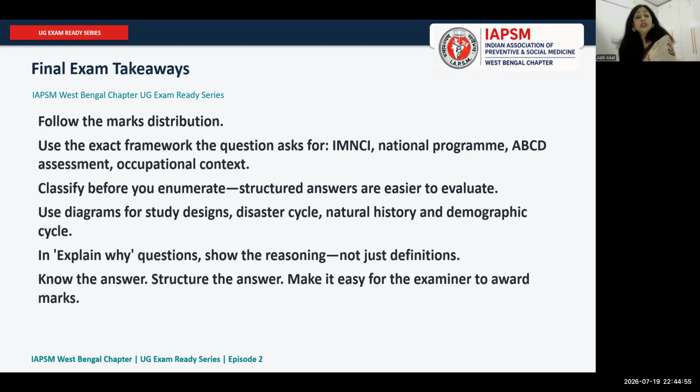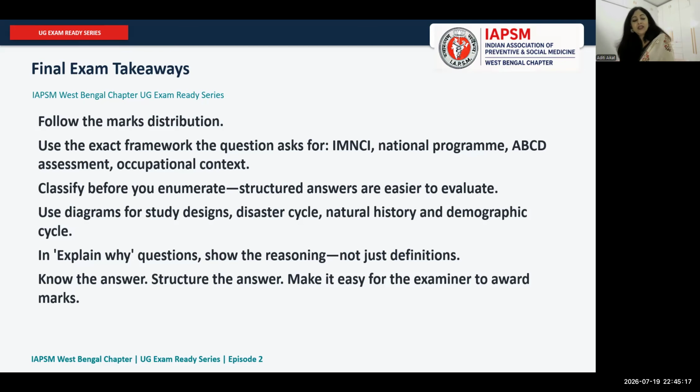Classify before you enumerate. Your flow diagram should come before, and then you should build on that. Because structured answers are always easier to evaluate. And for you, that makes good news as it fetches better marks.